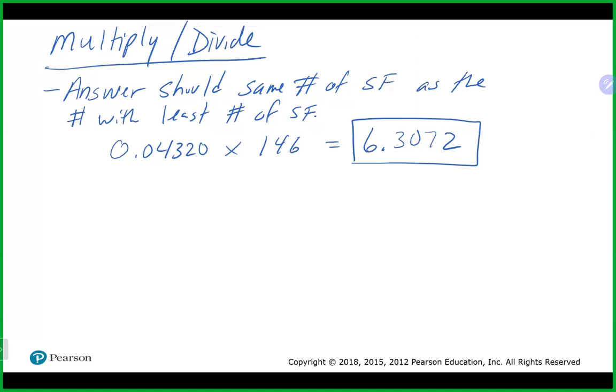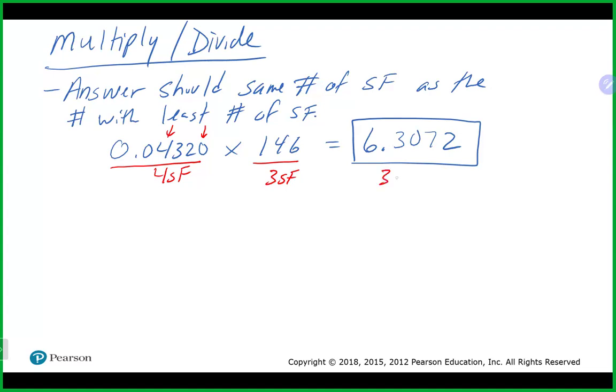Because we are multiplying here, we are looking at significant figures. So we want to analyze the numbers in our calculation. Let's start with this number. How many significant figures are in that number? It is 4. Starting counting here all the way through to that 0, which is significant because there's a decimal. Significant figures in this number? 3. The one with the least number of significant figures is 3.